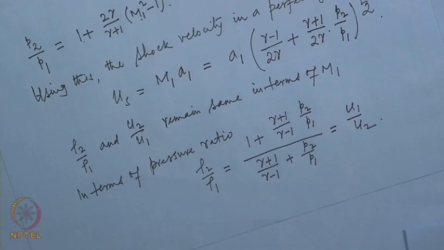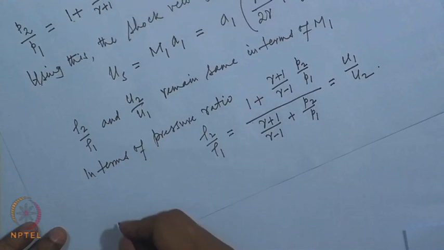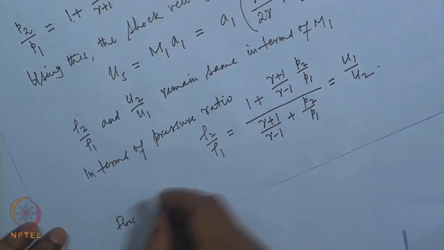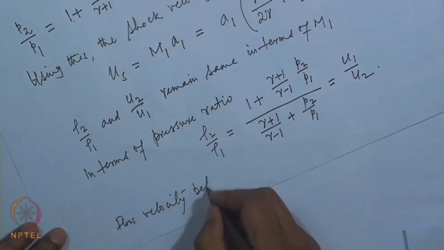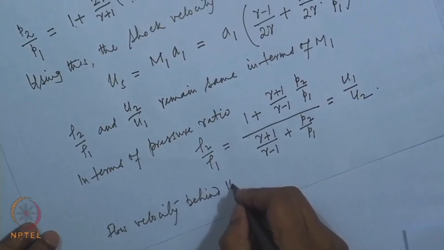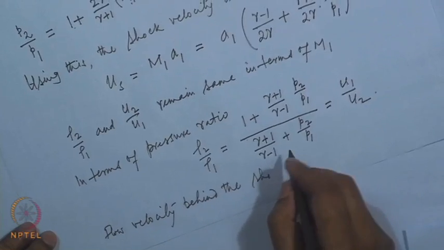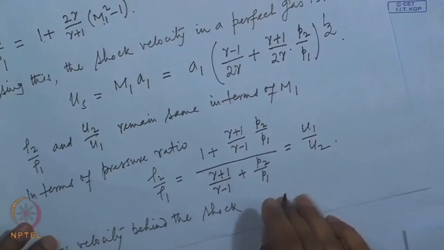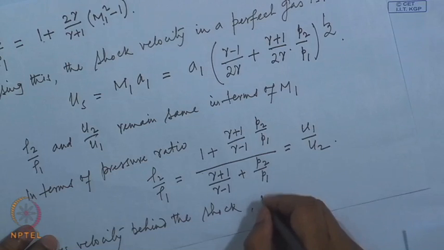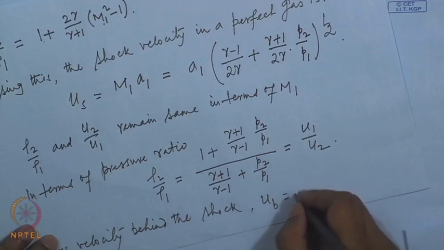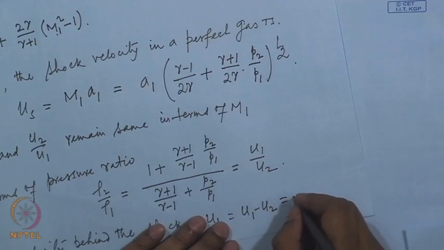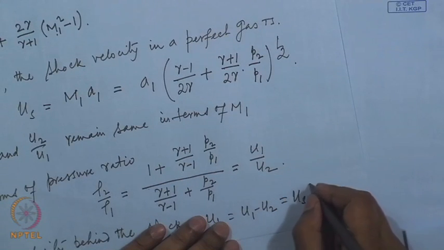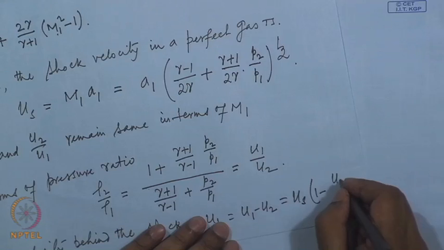Similarly, we can write the ratio of the temperature, and the flow velocity behind the shock, that is u b, can be written as u 1 minus u 2, which can be written as u s into 1 minus u 2 by u 1.